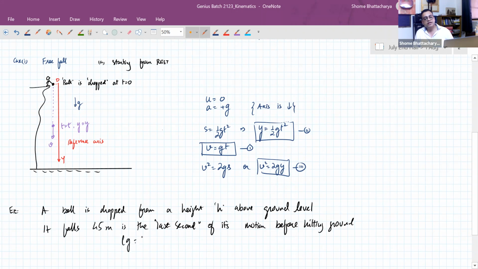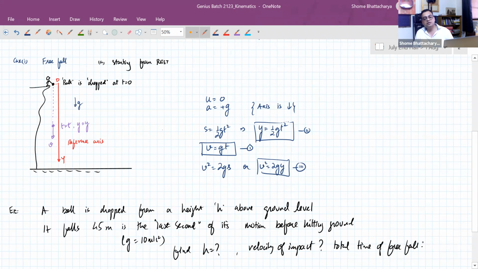Take g equal to 10 meters per second square. So find the height h, the velocity of impact, and total time of free fall.